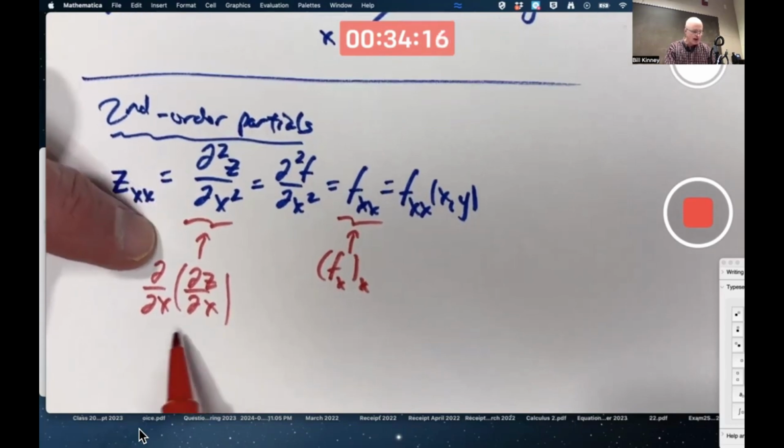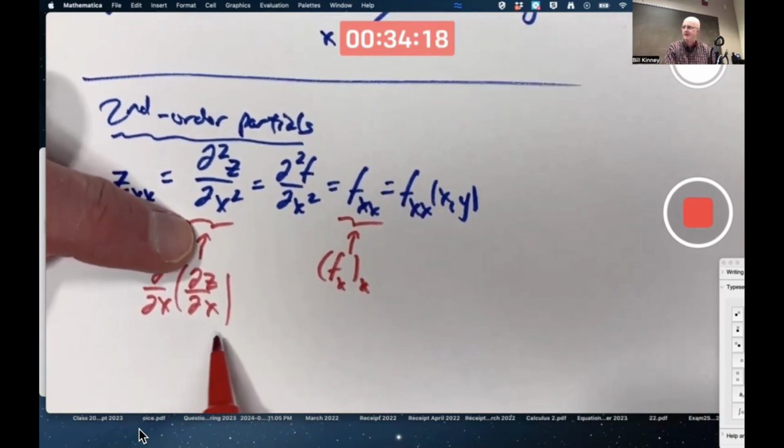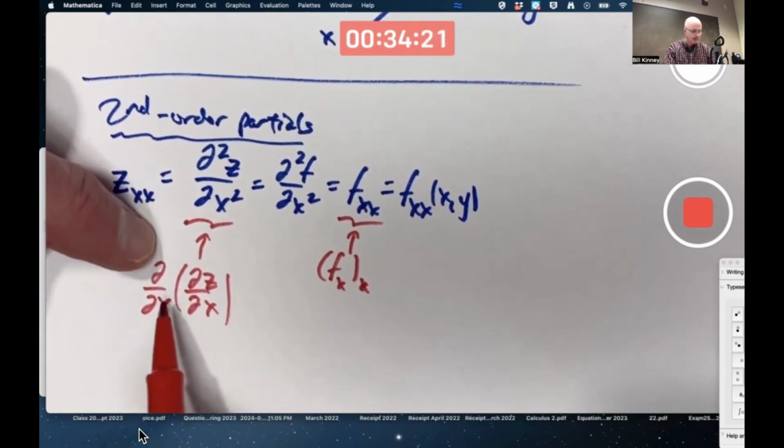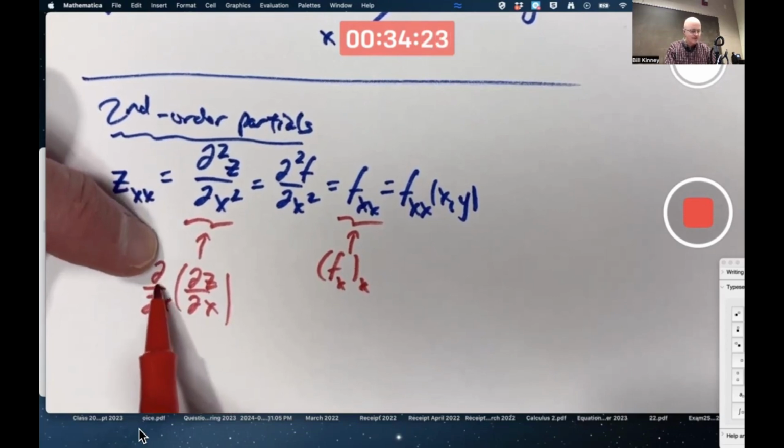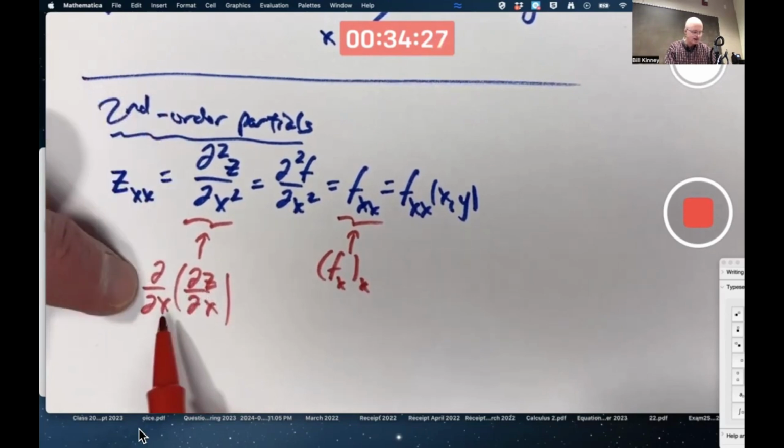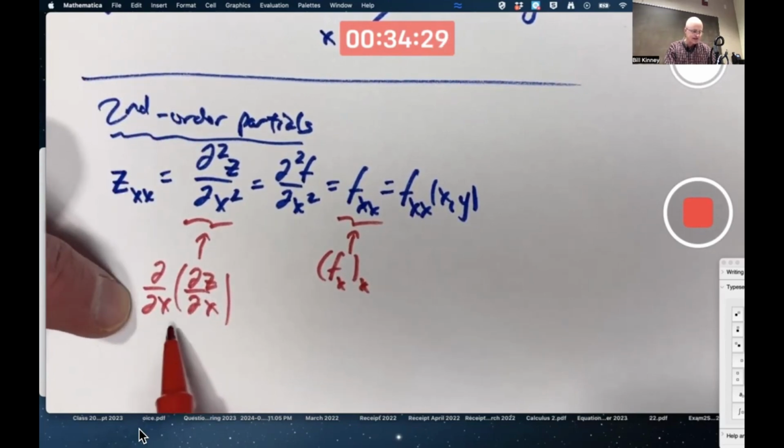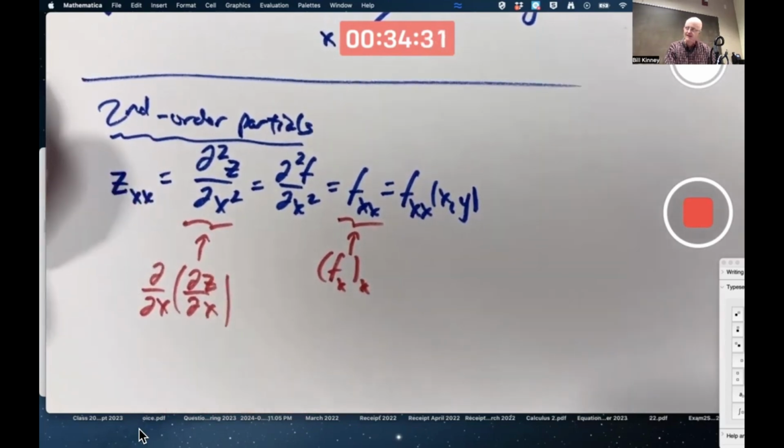It's the fact that we're applying the derivative operator twice, effectively. The del or the d up here gets applied twice, so you put a square above it, and the del x gets applied twice, so you put a square above that. It's not a multiplication, though. It's applying the derivative operator twice.